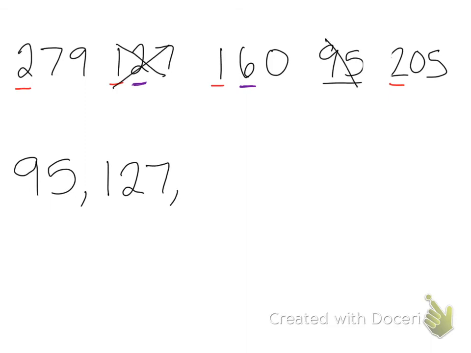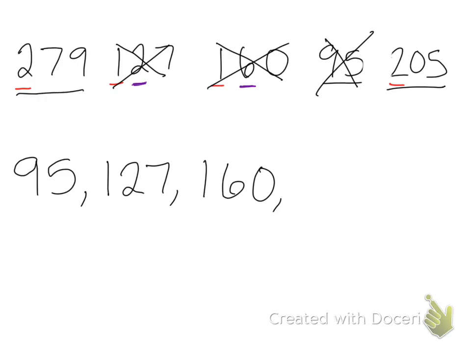Okay, I'll cross off when I'm done. Then it'll be 160. Okay, so the next numbers I have are 205 and 279. So I need to look at the tens place. I have a 7 and a 0. Well, 7 is bigger than 0, so that means 205 is the next smallest number, and then my greatest number is 279.